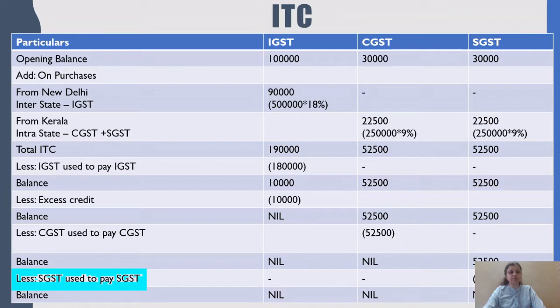Further, 22,500 was the tax which was paid on the purchases made during the month. So taking the total, 52,500 is the credit which is available with us. And under SGST, at the beginning we were having the credit of rupees 30,000, and further 22,500 was paid at the time of purchase during the month. So total credit available under SGST has also become 52,500.